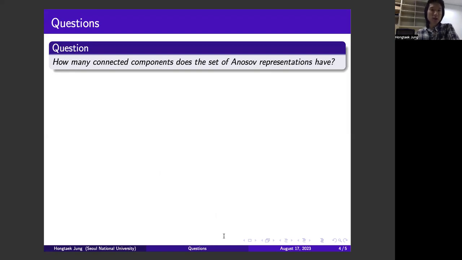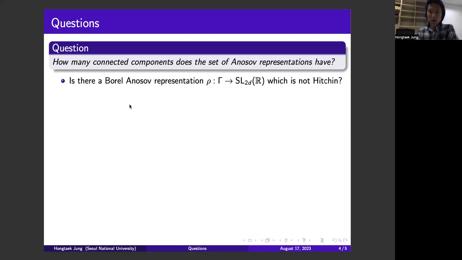Another question that I want to introduce is about the global geometry of the set of Anosov representations. For example, we don't know how many connected components the set of Anosov representations has. Whether it's connected or not is still unknown. Related to this, the following question is more concrete: is there a Borel-Anosov representation which is not Hitchin in even dimension?